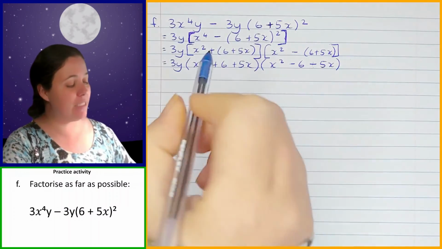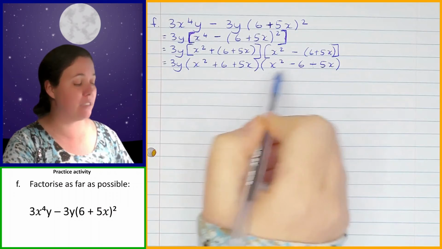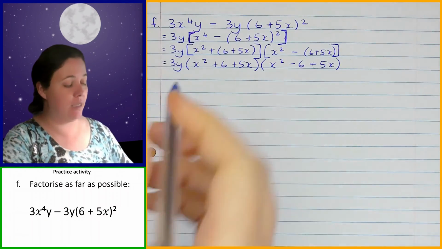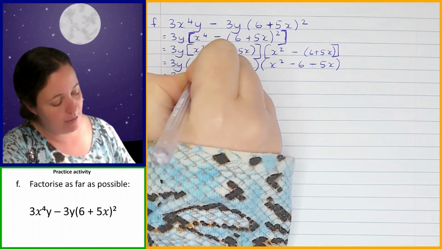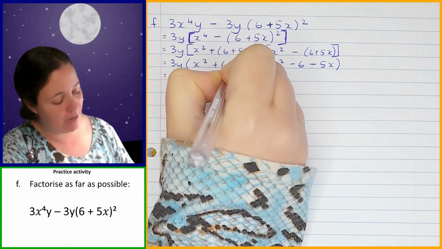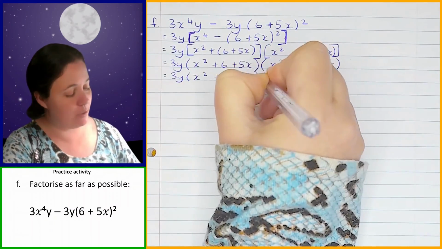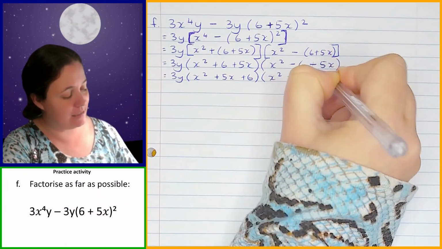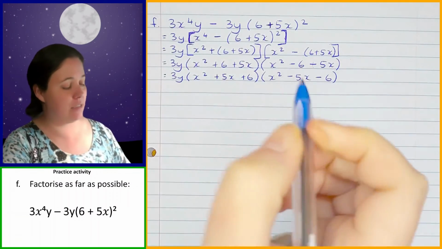Now we need to see if we can factorize these trinomials that have popped up. But first, I need to make sure that the trinomials are in the correct order, so I'm going to switch them around. So 3y, x squared plus 5x plus 6. It has to be in that order. And then this one as well, x squared minus 5x minus 6. Now I'm going to factorize these trinomials.